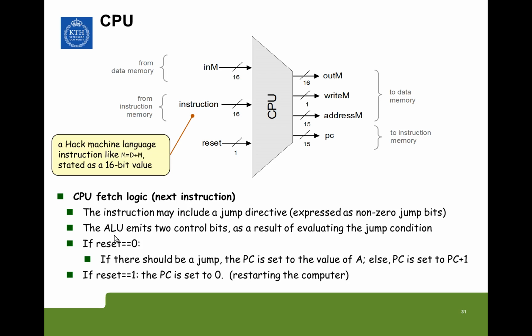And then the next instruction is fetched according to the following. If the reset bit is 0, that is no reset, then if there is a jump, the program counter has to be set to the value in the A register, otherwise the program counter is increased by 1. If reset is equal to 1, then the program counter is set to 0.